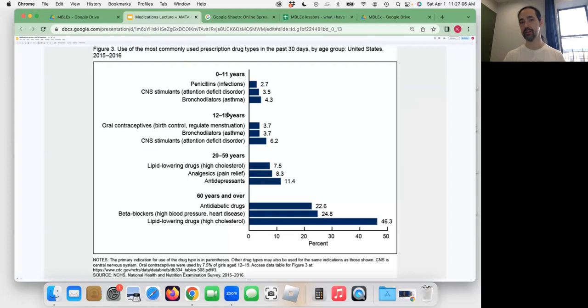And then in the teen years, the attention deficit disorder drugs, the central nervous system stimulants like Adderall, take the lead. There's almost twice as much CNS stimulants for teenagers as there are asthma and other medications. And then of course, in the teen years, women begin to menstruate.